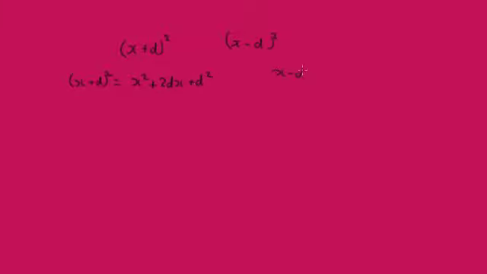And x minus d squared equals x squared minus 2dx plus d squared.